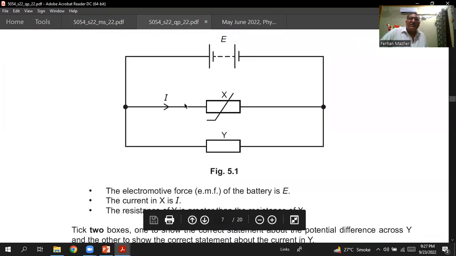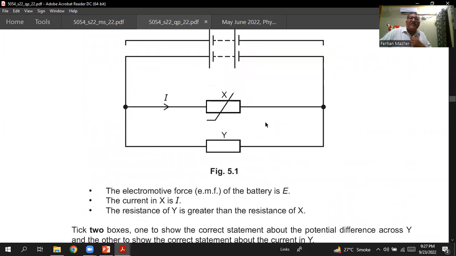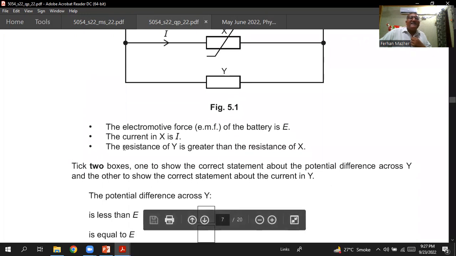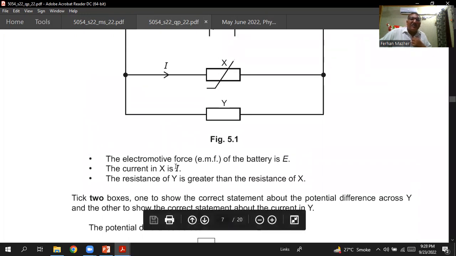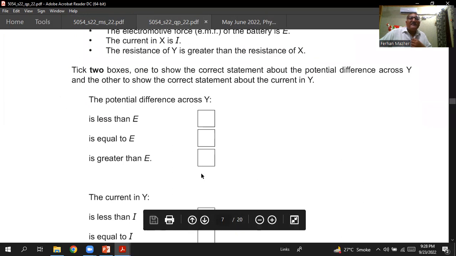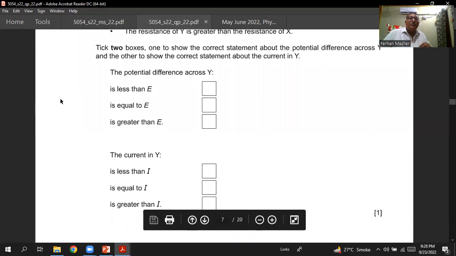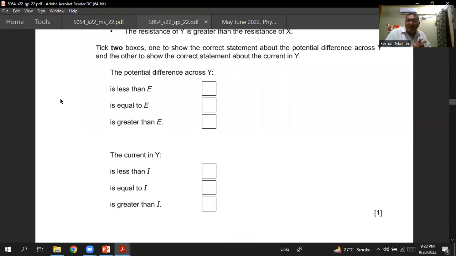The current flowing through the thermistor X is I. The EMF of the battery is E. The resistance of Y is greater than the resistance of X. Tick 2 boxes: one to show the correct statement about the potential difference across Y, and the other to show the correct statement about the current in Y.